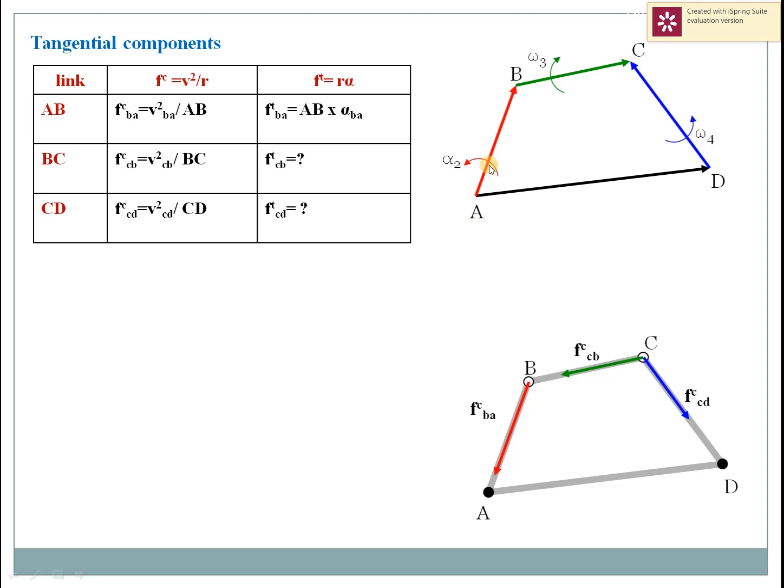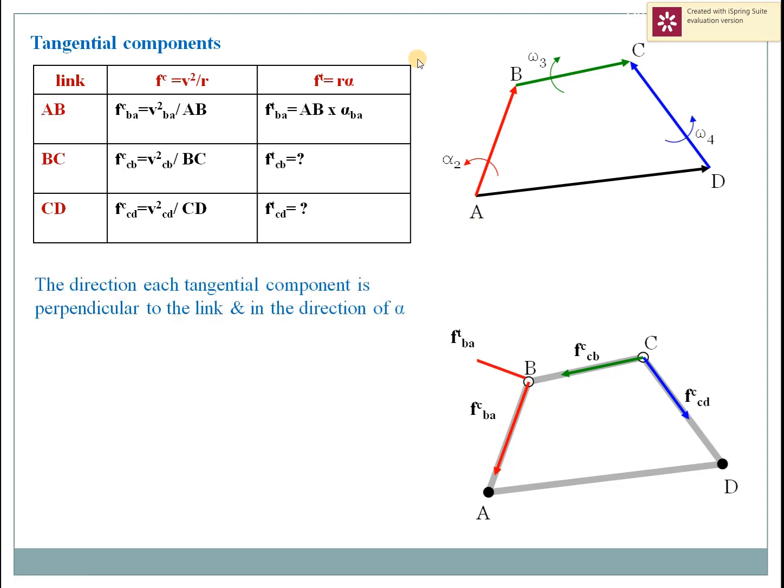So FTBA will be perpendicular to AB and will be directed towards the left. This is FTBA, tangential acceleration of B relative to A, perpendicular to AB and in the direction of alpha. We know the length of this vector, which is equal to AB into alpha BA, because alpha BA is known.